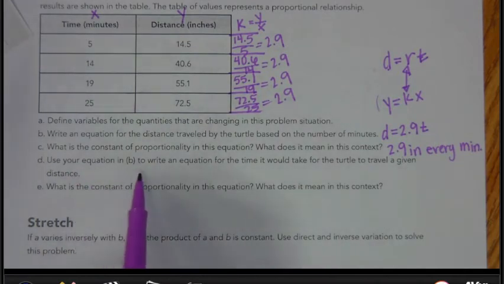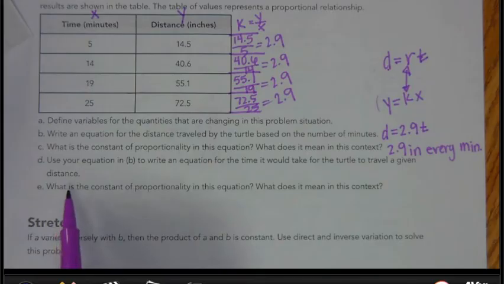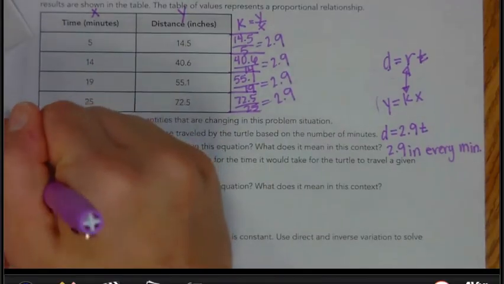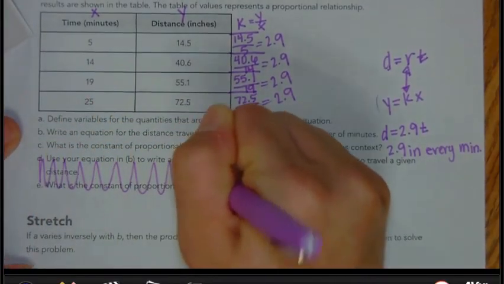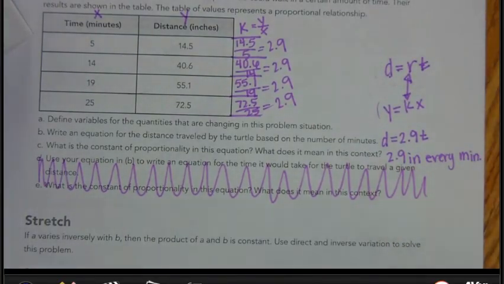Use the equation in B to write the equation for the time it would take the turtle to travel a given distance. Nope. And guess what? We get to mark out D and E again. All right, and then do I want to do the stretch? No. All right, if you guys have any questions, please let me know.